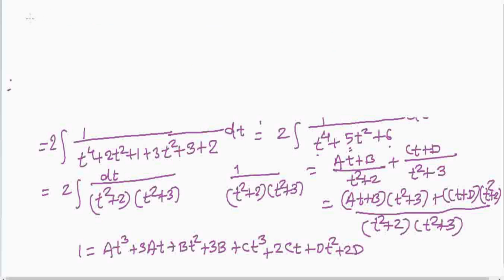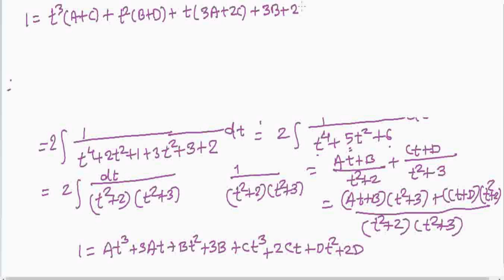We have 1 is equal to, now coefficient of t cube are a plus c. Okay, coefficient of t square into b plus d, plus coefficient of t into 3a plus 2c, and constant term plus 3b plus 2 into d.